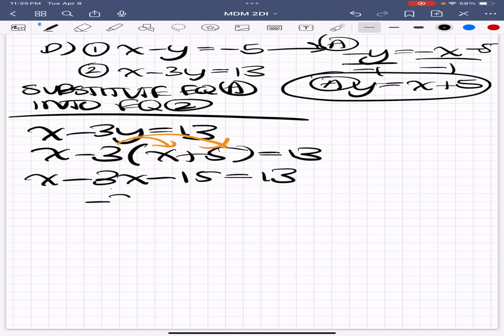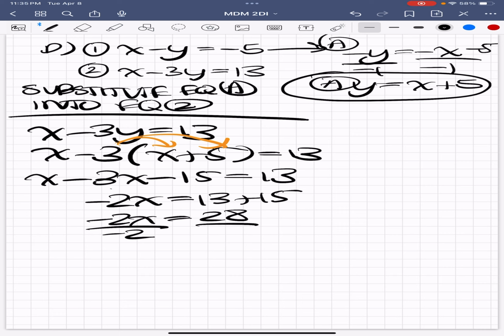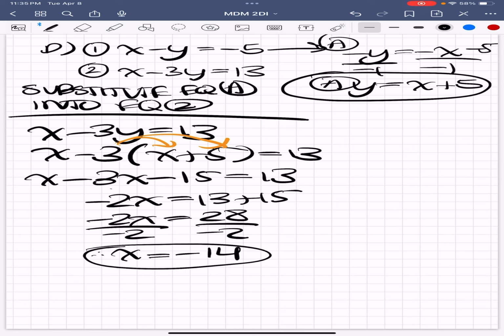We have negative 2x equals, and x equals negative 14. And then I'll use orange again, because it was common on both the top and the bottom, they cancel out.